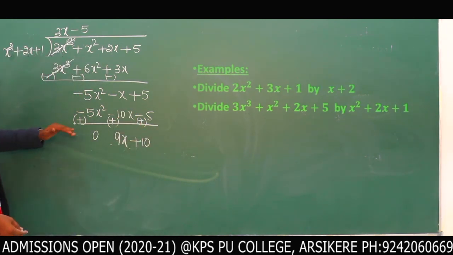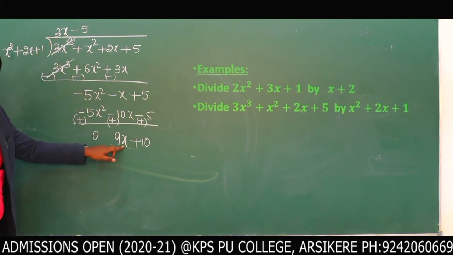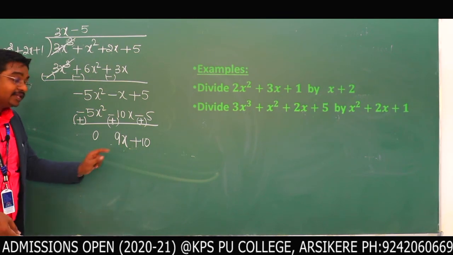Did you understand? So this is the divisor, quotient, dividend, and what we obtained here is the remainder, 9x plus 10.